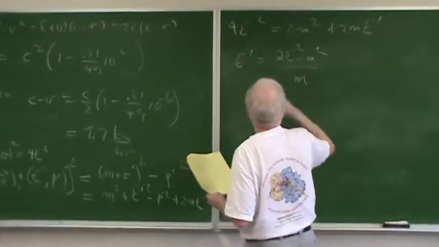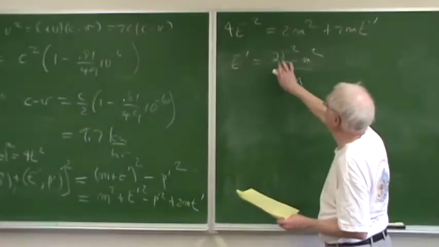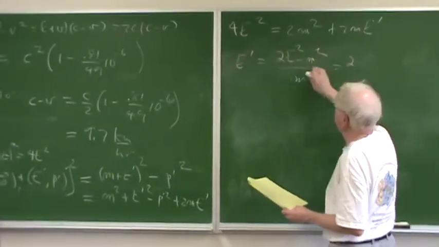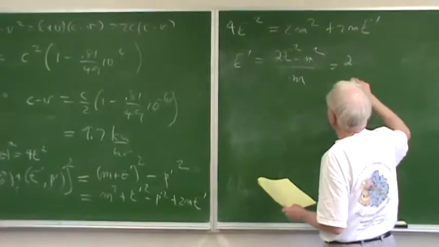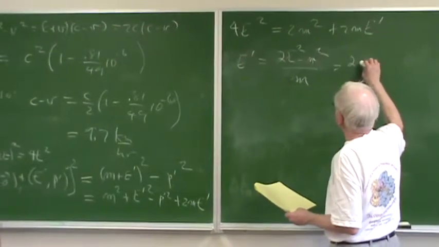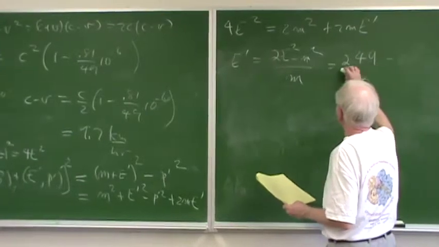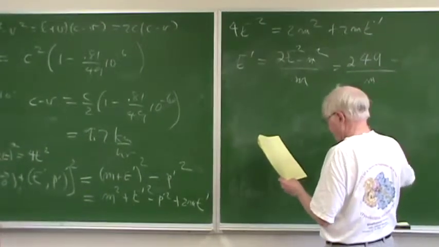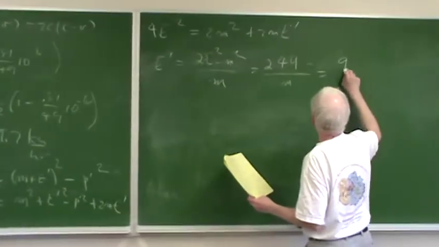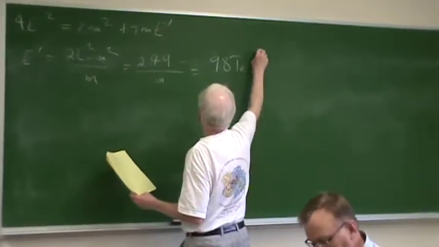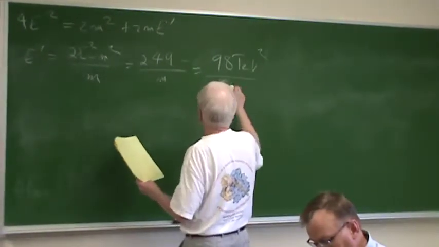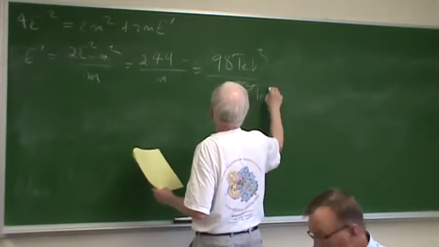And so you see, e prime then is just basically 2e squared minus m squared over m. Well, in TeV units, this is 2 times 7 squared, which is 49, minus m squared, which is essentially zip, over m. And so this is 98 TeV squared divided by 10 to the minus 3 TeV.